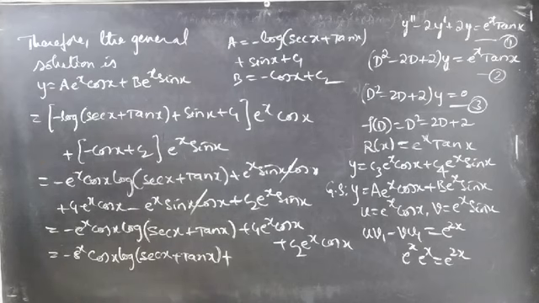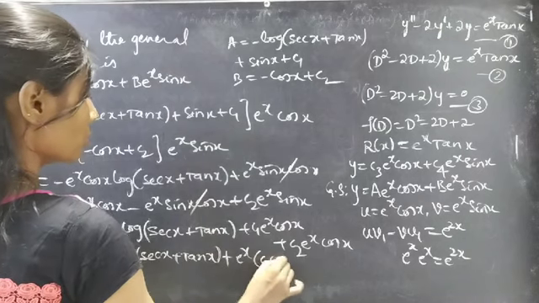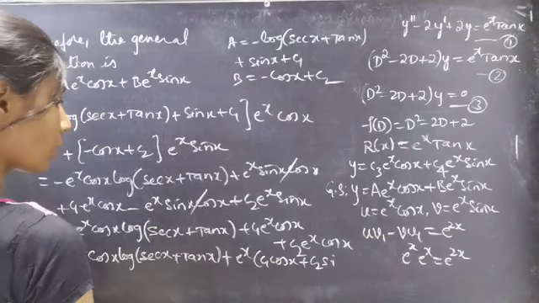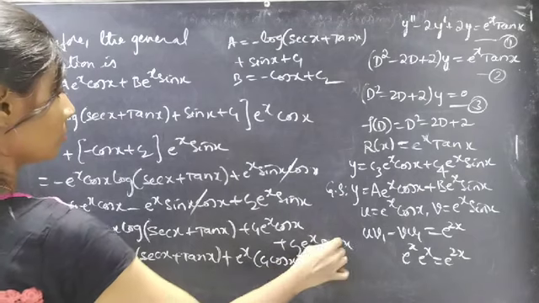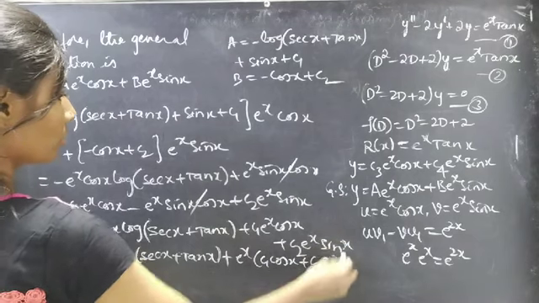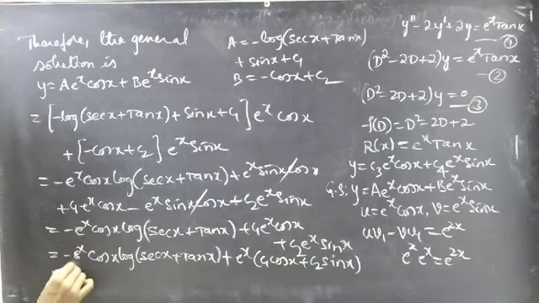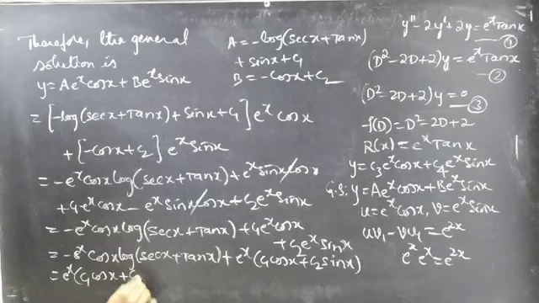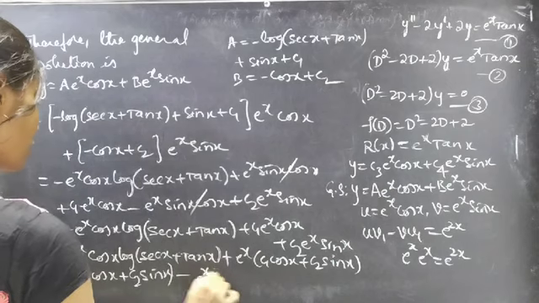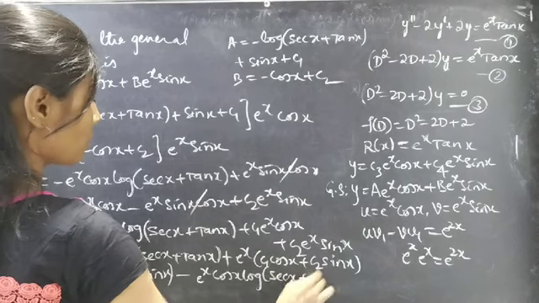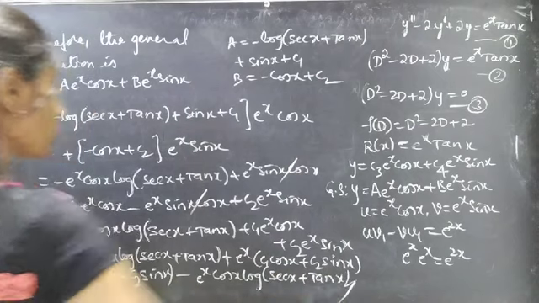Take e power x common from the last two terms, we'll get e power x times c1 cos x plus c2 sin x. It's sin x, okay? Or we can write this as e power x times c1 cos x plus c2 sin x, minus e power x cos x log of secant x plus tan x, which completes the problem.